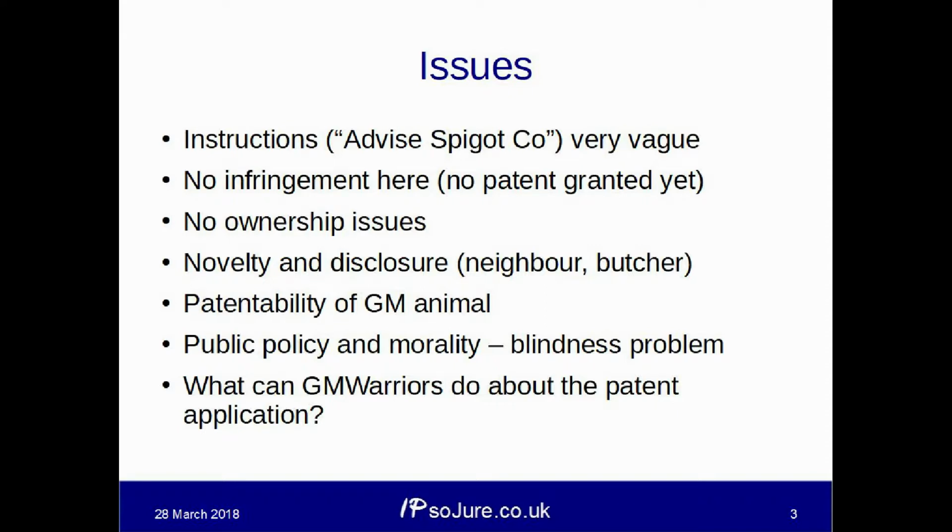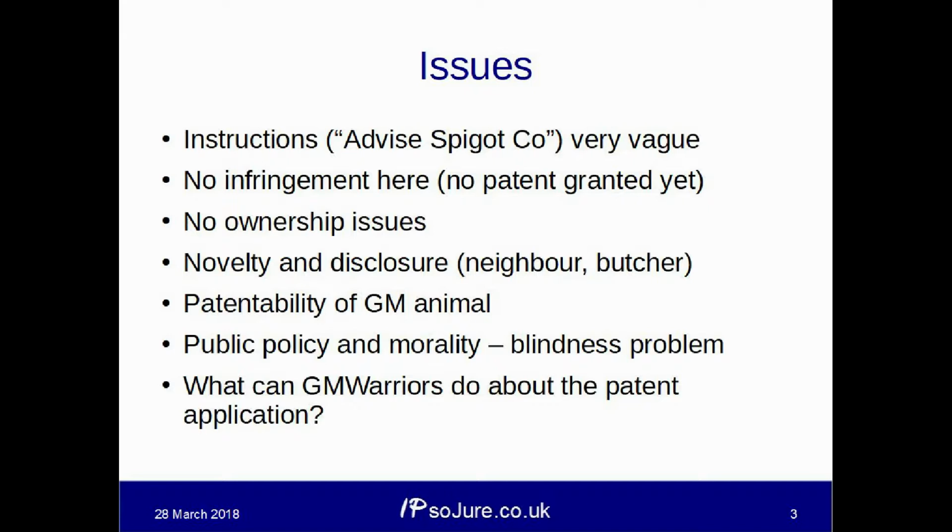Then there are issues about whether a genetically modified animal can be patented at all, and there are questions about public policy and morality, particularly in the context of this problem that 85% of the sheep are born blind. That point about blindness you need to recognise as a big signpost that the examiner has put in the question, pointing to the issue of public policy and morality.